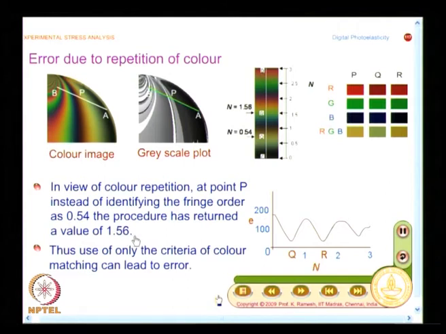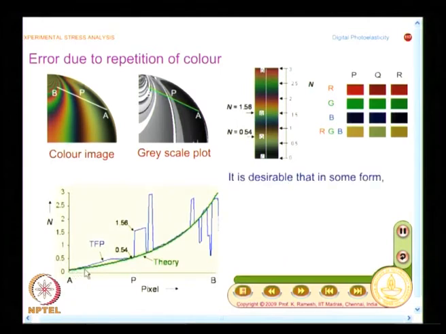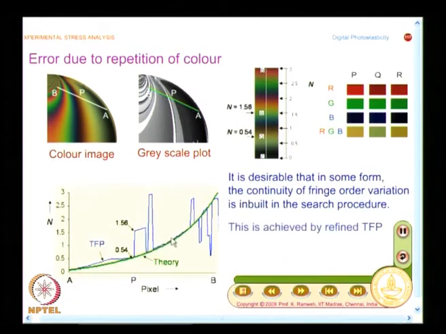So, I need to have additional criteria to correct this, and if you see the graph, it will be more clear. I have a variation of fringe order from theory like this, and from TFP I find there is a sudden jump, 0.54, 1.56, and so on. These kinds of variation cause formation of these bands, and this needs to be corrected.